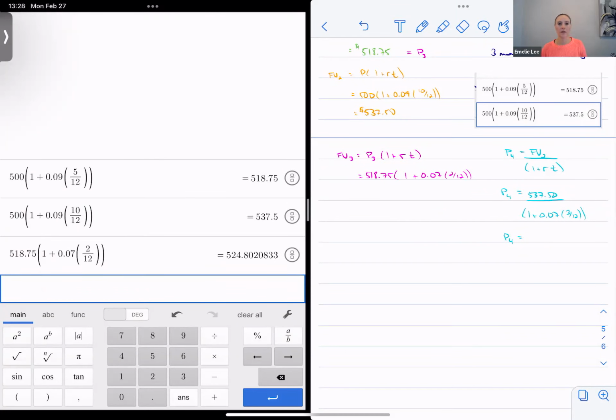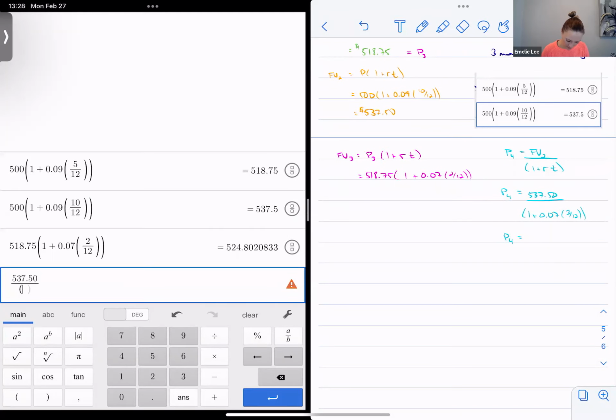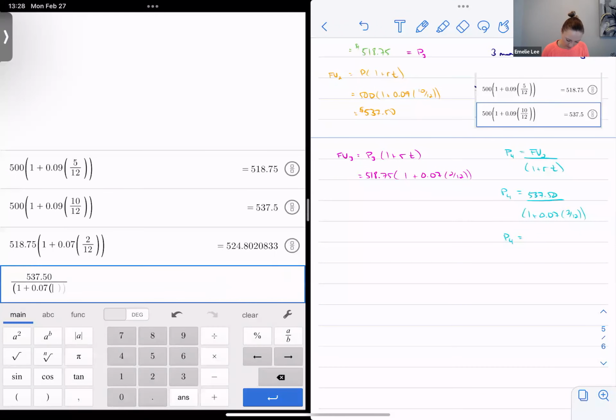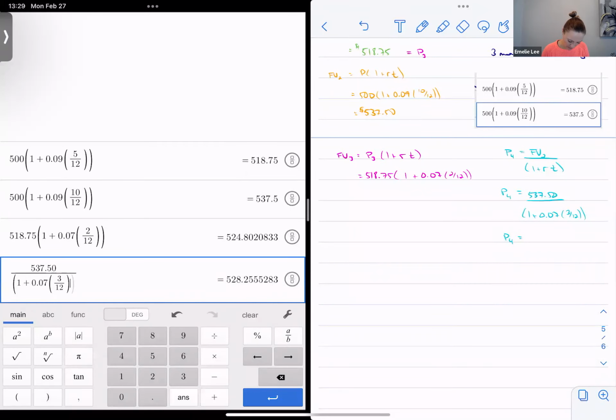And 524.80, but I'm also going to do P4 before I screenshot it here. And so it's 537.50 divided by 1 plus 0.07 times 3 over 12. Oops. 3 divided by 12 helps.